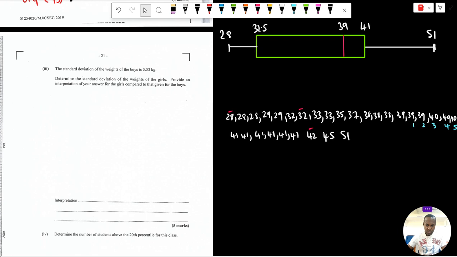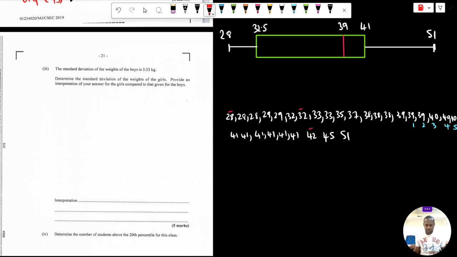Now, how do we calculate standard deviation? We have a couple of formulas for standard deviation, and usually at the front of the booklet, the formula for standard deviation is normally given.